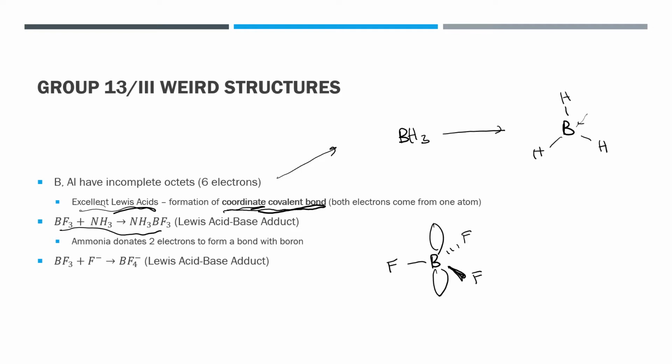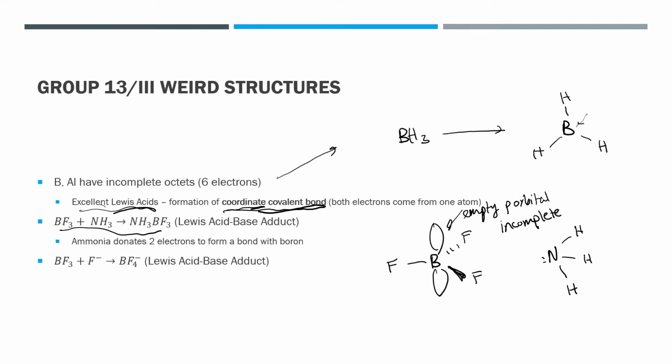Next, we have our NH3, which looks something like this, right? Trigonal pyramidal. So now our BF3 is really, really Lewis acidic. Why? Because first of all, we have our empty p orbital, right? Empty p orbital. And we have our incomplete octet.